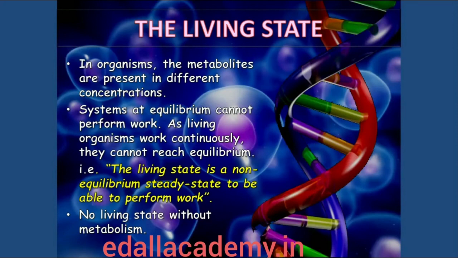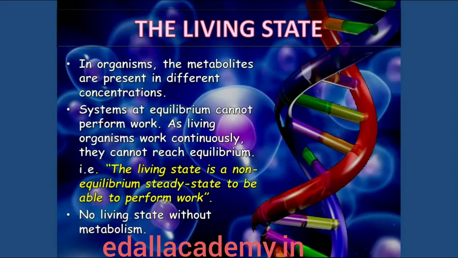The most important fact of biological systems is that all living organisms exist in a steady state characterized by concentrations of each of these biomolecules. These biomolecules are in a metabolic flux.